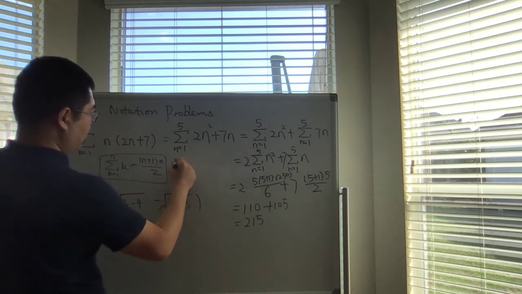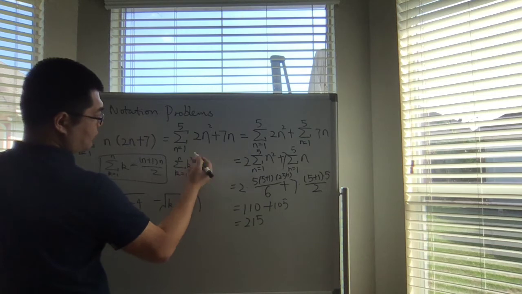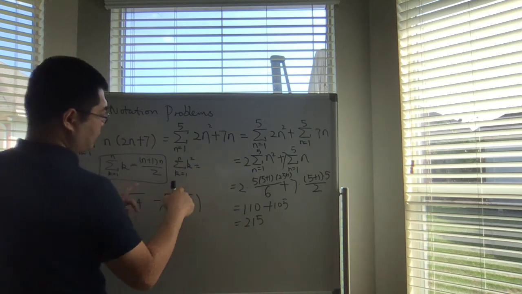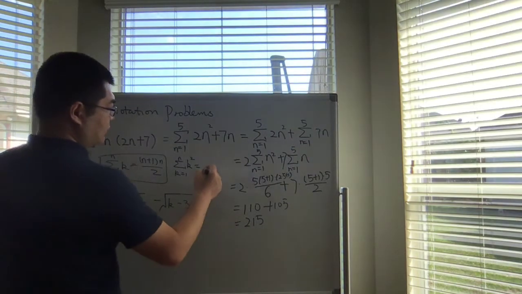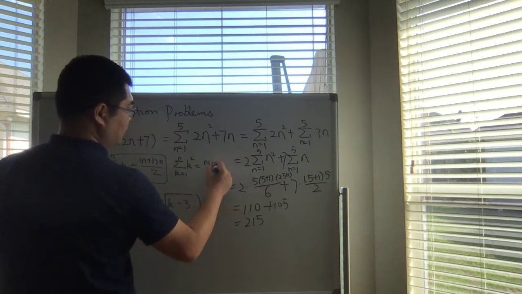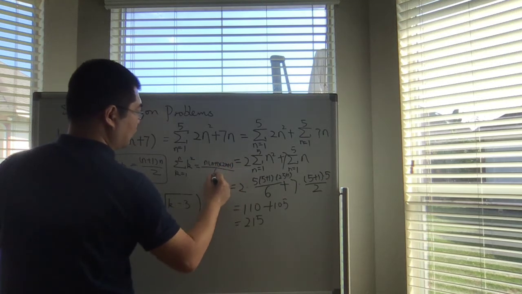And if you have the summation k from 1 to n of k squared, it's a little bit crowded, guys. Okay, I apologize. So for example, it's 1 squared plus 2 squared plus 3 squared up to n squared. So you're going to have n times n plus 1 times 2n plus 1 over 6.